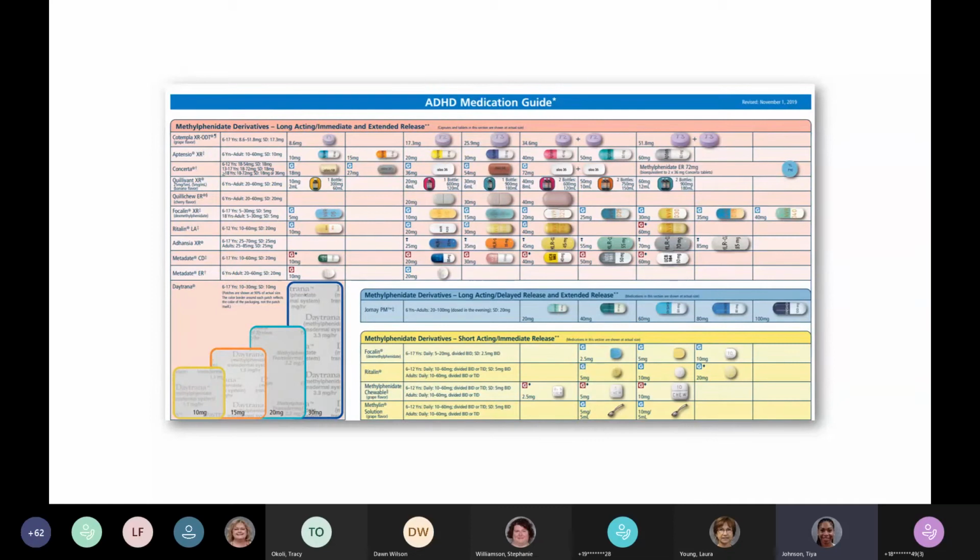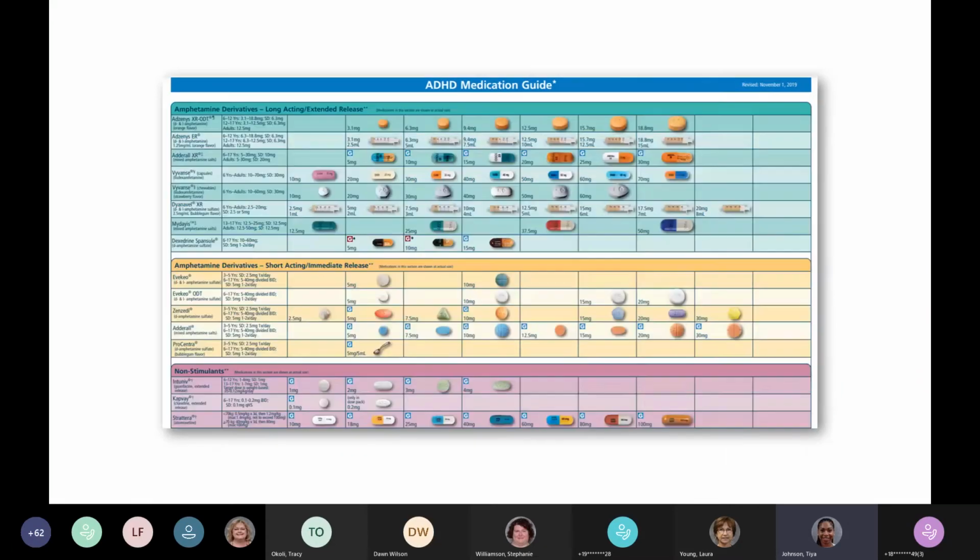And so this slide right here is showing the methylphenidate side, and then this slide is showing the amphetamine side of it, and then at the bottom shows the non-stimulants as well.